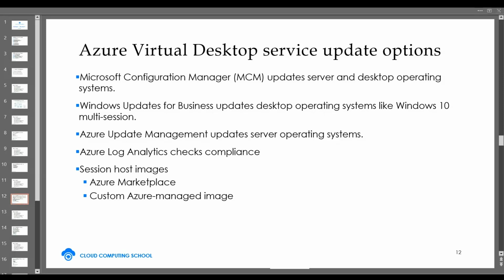Microsoft Configuration Manager, MCM, can update both server and desktop operating systems. Windows Updates for Business can update client operating systems. Azure Update Management can update server operating systems. Also, Azure Log Analytics can be used to carry out periodic checks for compliance of the session host machines.